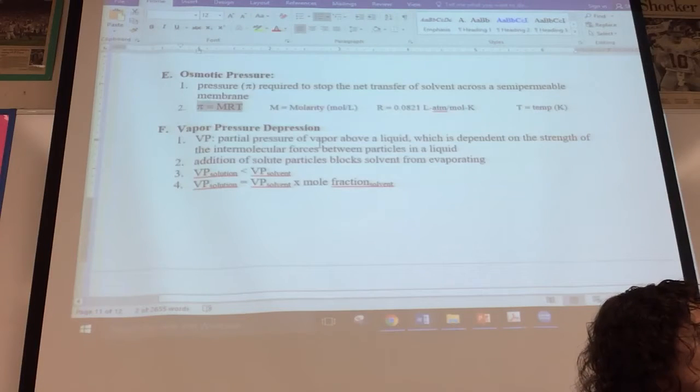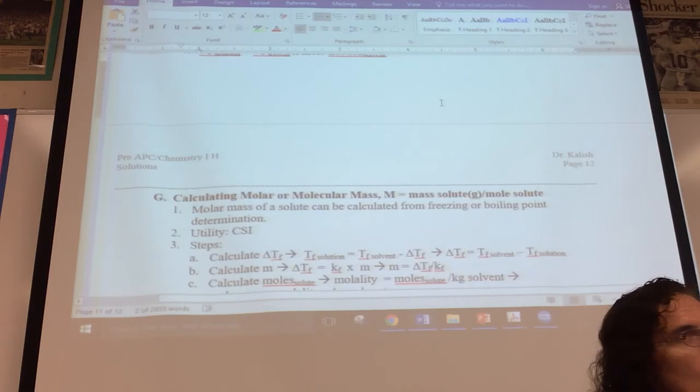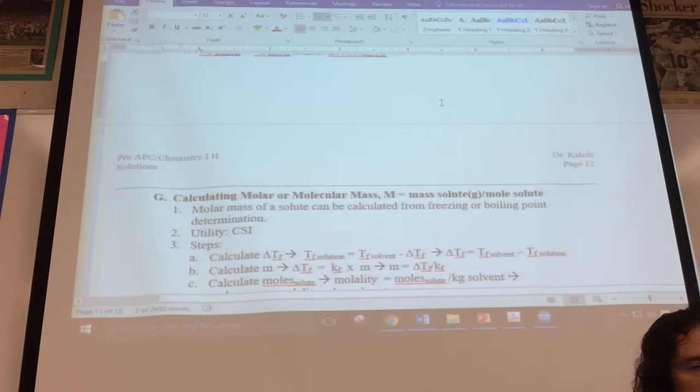If they do, it's really very simple. The other thing that we're going to be exploring is now that we know how to calculate the freezing point of the solution or the boiling point of the solution, from that information you actually can work backward and get the molar or molecular mass of a substance.